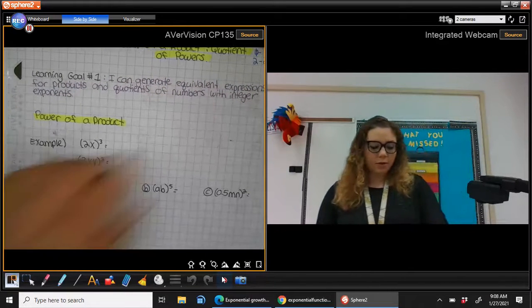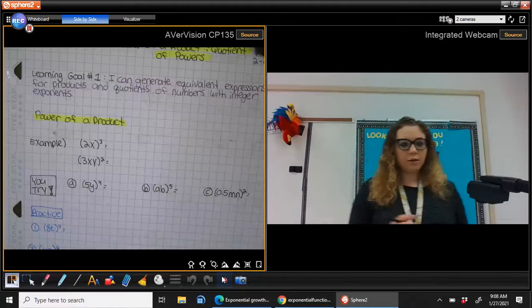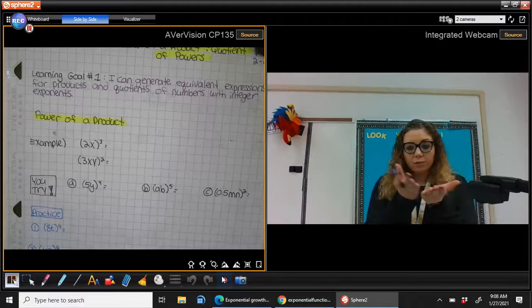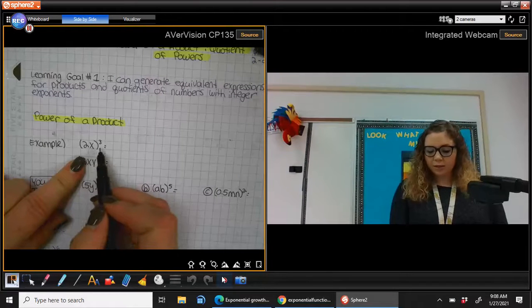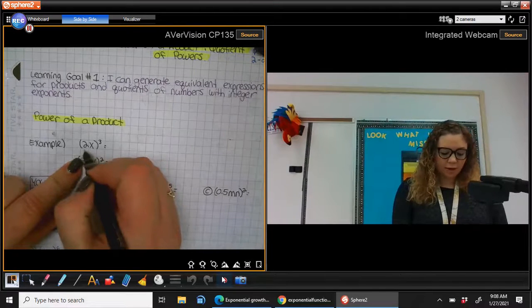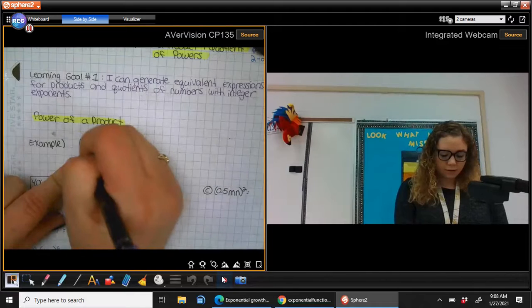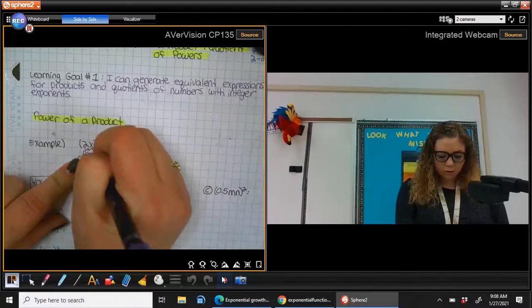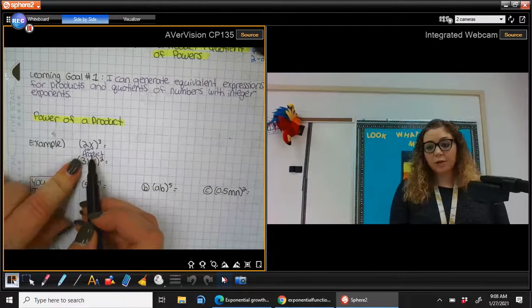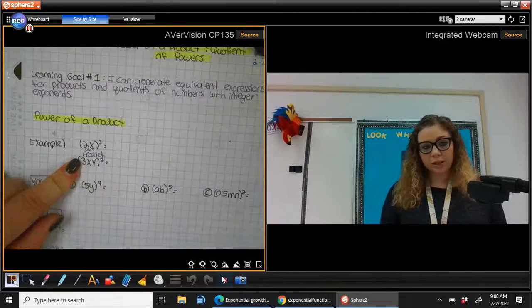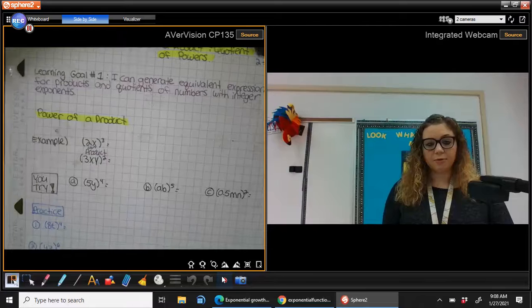Remember, a product is when you multiply two things. So if you look at 2x raised to the third power, this is called my product, because I'm multiplying 2 times a number. Now we don't know what that number is, so we just let x represent that number.